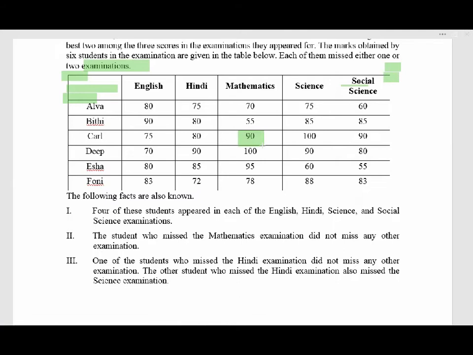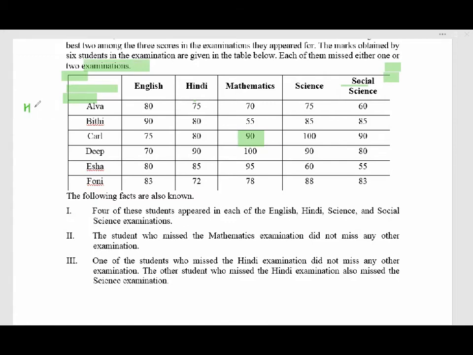Now who can miss Hindi? Can ALVA miss Hindi? If ALVA is missing Hindi, what are the top scores? 80, 70, 75, possible. ALVA missed only Hindi. But is it possible ALVA missed both Hindi and science? 80 and 70 average is also 75. So ALVA has a possibility.